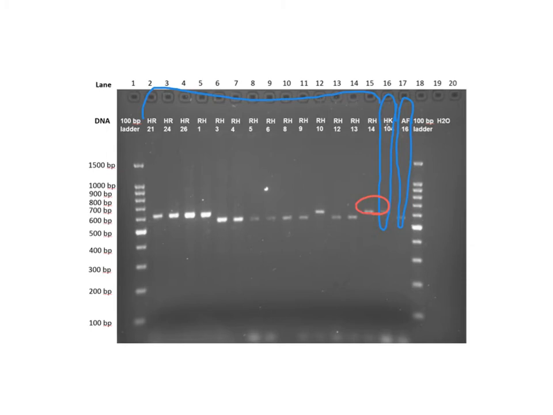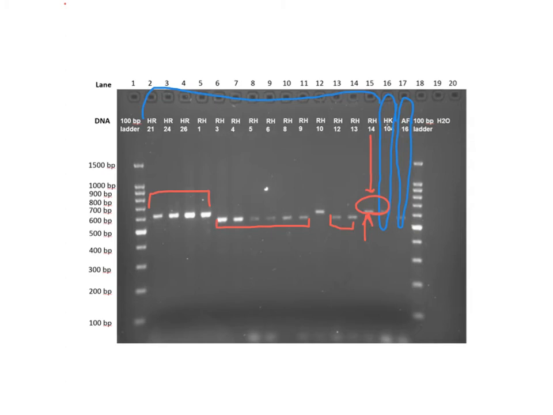So there, for example, I know that RH14 has a band that's the same size as HK104. So that now I know that that sample has the HK104 version of the chromosome in it. And there are a couple of AF16s, and there are some more AF16-sized chromosomes. There's some more HK104 sized, the slightly larger. Right, so it's subtle.